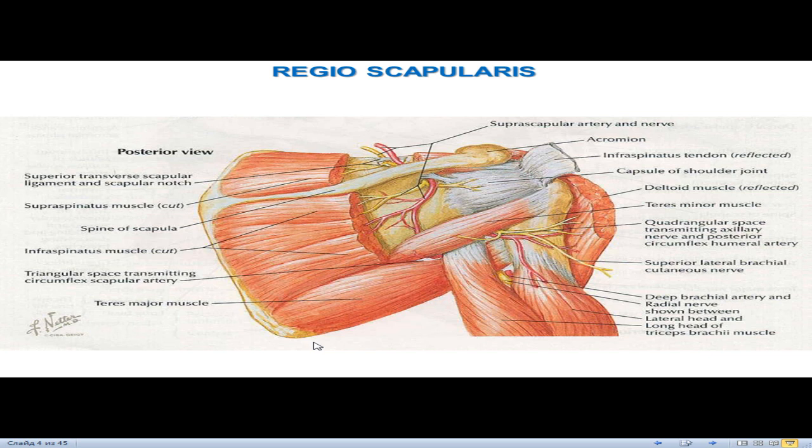Inferiorly, it's a horizontal line which passes through the inferior angle of the scapula.